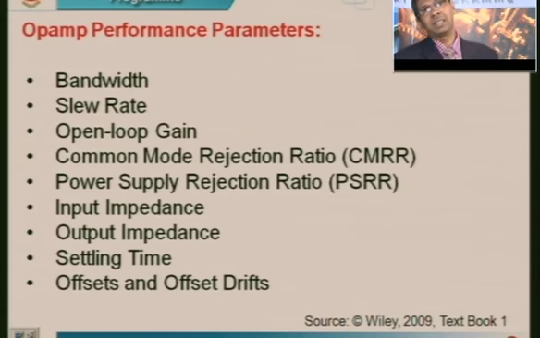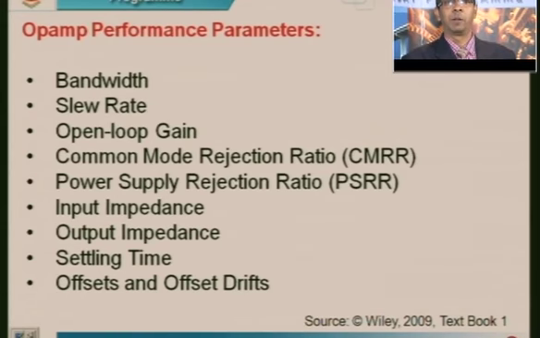Apart from these three parameters, there are many other parameters which specify a particular op amp. So how do we choose a particular op amp for a given application? For example, we said that we have so many applications, starting from integrator, differentiator, a low noise amplifier, to a comparator and then going on to, let us say, a filter, a summer, a subtractor, and so on. So is it that we use the same type of op amp for all these applications?